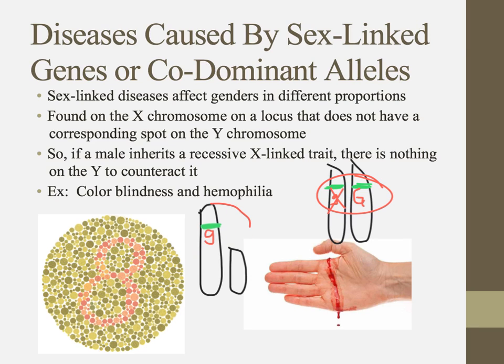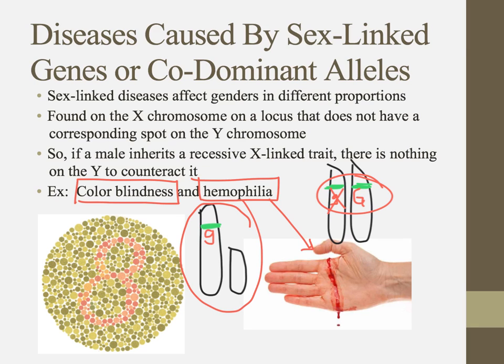And if this recessive gene codes for genetic disease, you're going to get that. Some of these diseases include color blindness and hemophilia. Color blindness is the inability to distinguish between colors, there's lots of different types, and hemophilia is the inability to produce certain clotting factors, so excessive bleeding can be very dangerous.